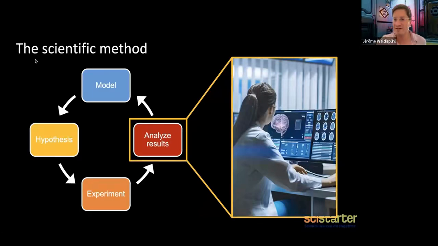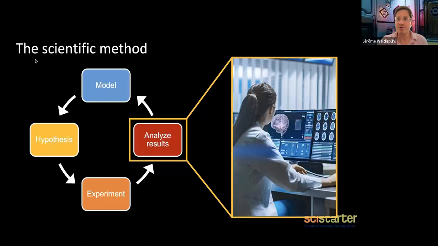Typically, when you're working in science, you try to understand the world around you, and you start with a model that is an abstract, mathematical representation of what's going on, that you can use to build hypotheses. Then based on this hypothesis, you conduct an experiment that helps you to probe the nature of the world and the validity of the hypothesis you made.